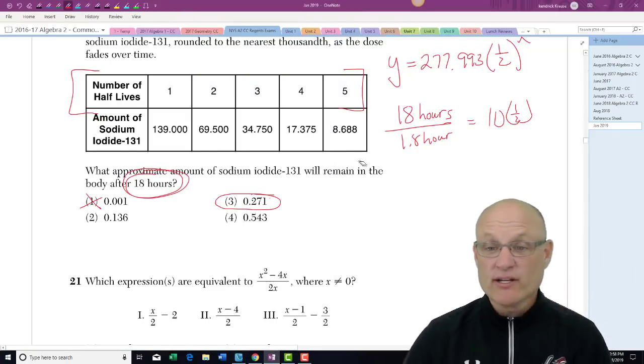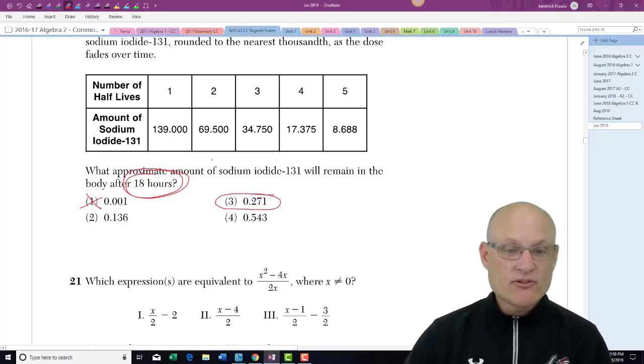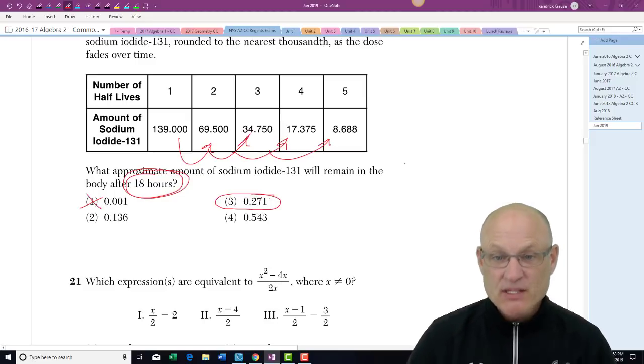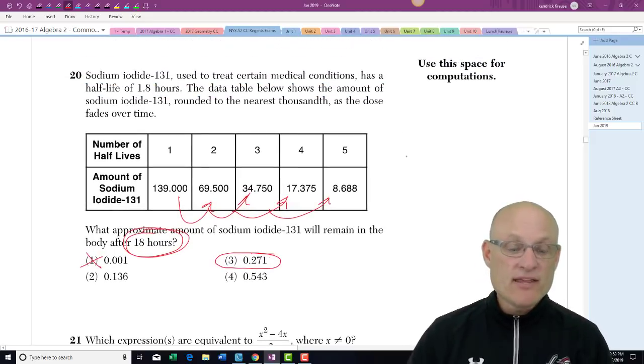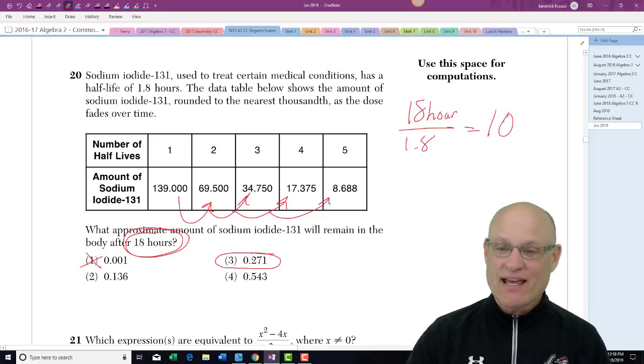Now, the other way to do it is not to do this at all. Notice this is going down by a half, going down by a half, going down by a half, of course it is. So the only thing I have to do then is take 18 hours and divide it by 1.8 to figure out how many half-lives that is. Oh, it's 10.